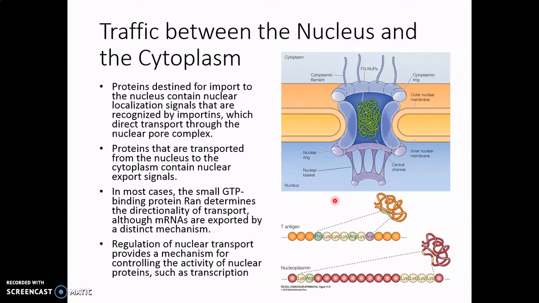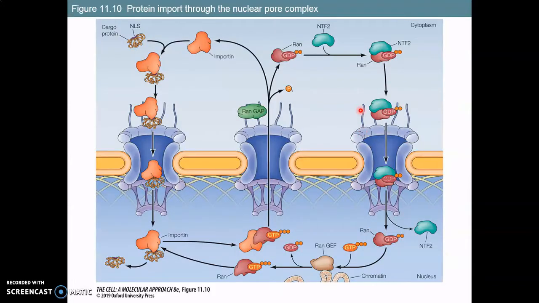So now we have a tag on a protein that allows us to know that this protein needs to go into the nucleus. And we know that there's a protein that will allow it to transport through this gel-like material in the nuclear pore. So let's take a look at this mechanism. So here we have a cargo protein, and we see we have a nuclear localization signal.